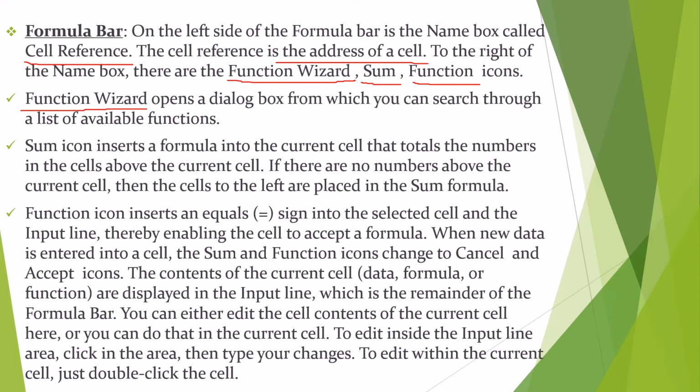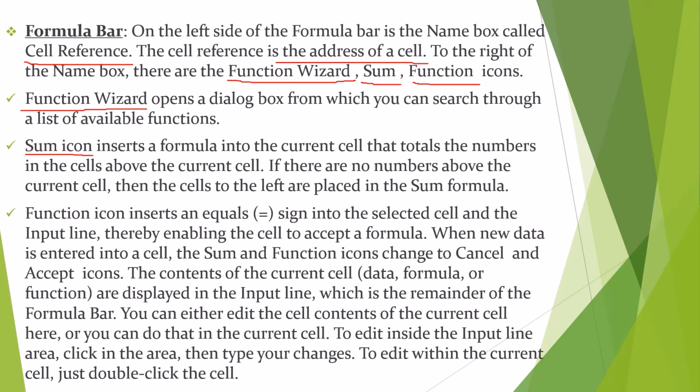Now, when you click on the sum icon, then it will display the total of the numbers in the cells above the current cell. Whichever active cell is there, then the numbers in the cells above that will be total. And suppose in the condition when there are no numbers above the current cell, then what will Calc do?